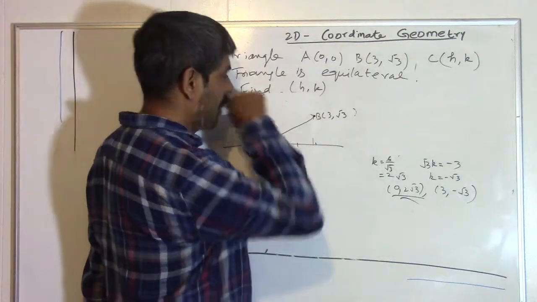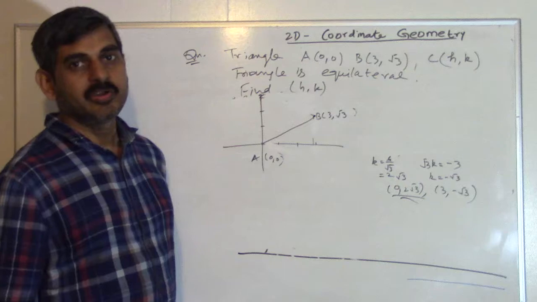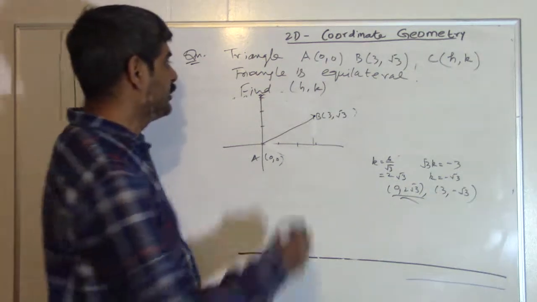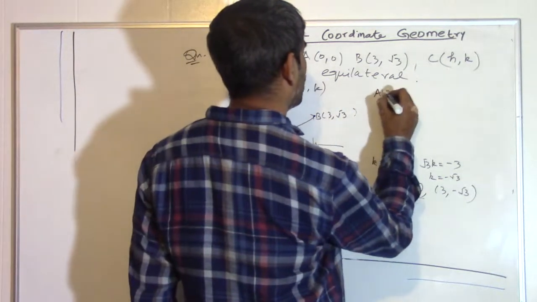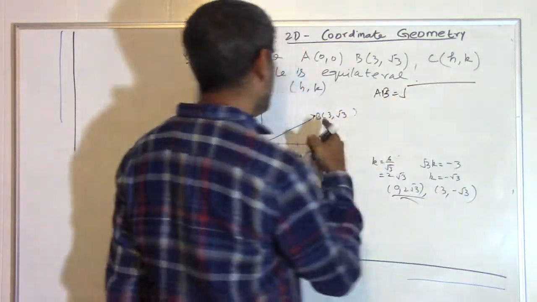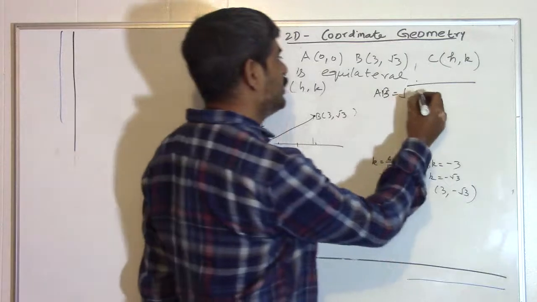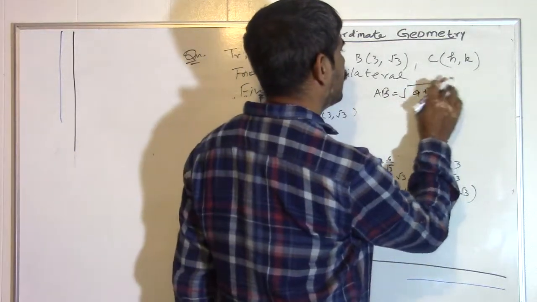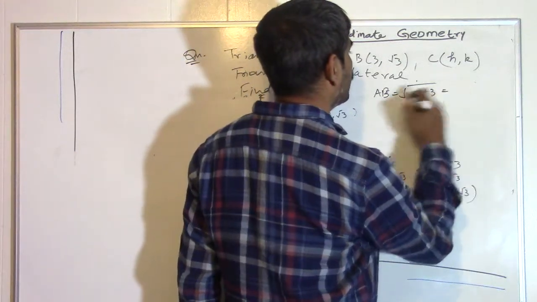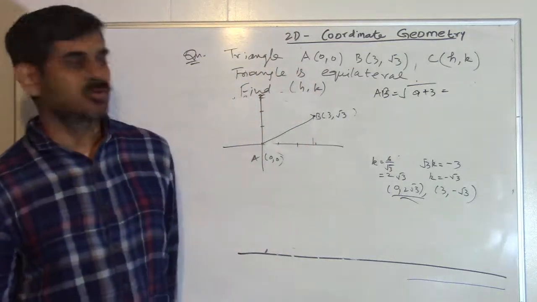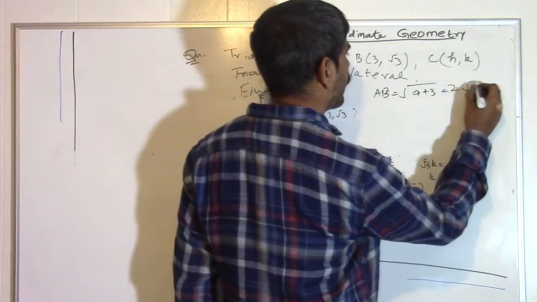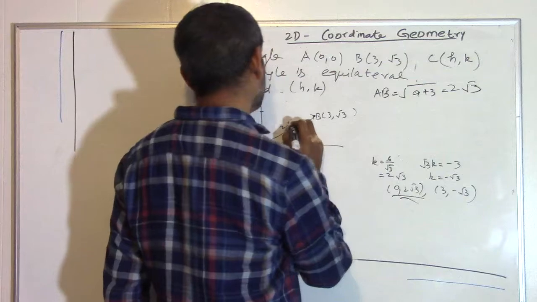Let us find the length of this line. Length of this line AB is equal to square root of 9 plus 3, which will be equal to 12. 12 means 2 root 3. So this is 2 root 3.